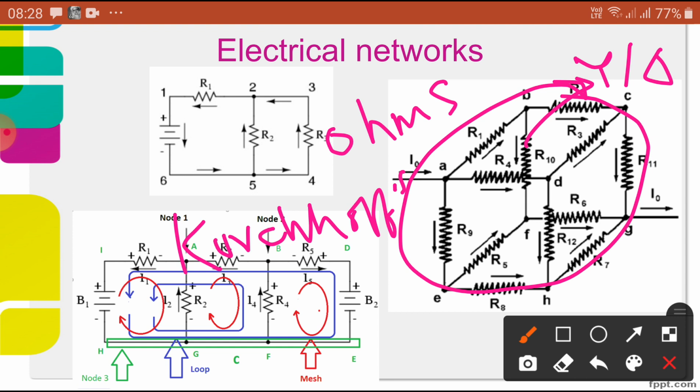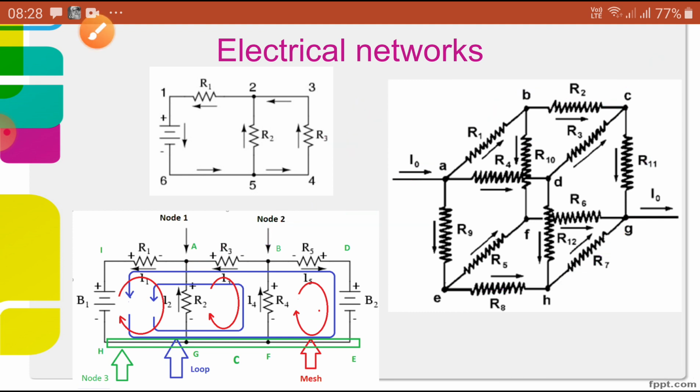Now, what do we mean by star and delta circuits? As already known from first year, you can see it at a glance.